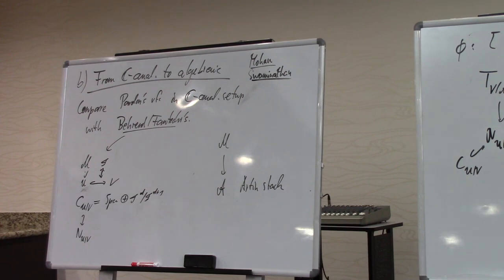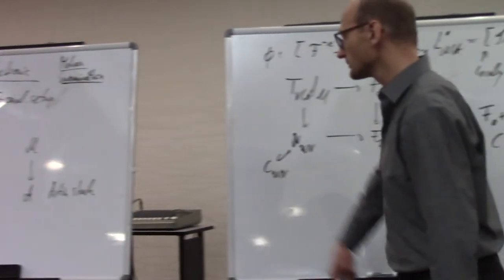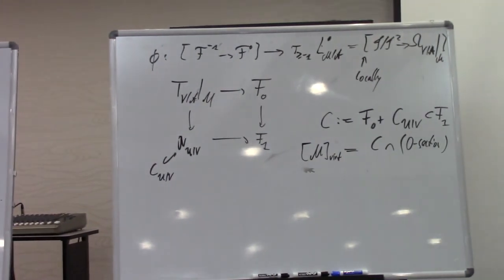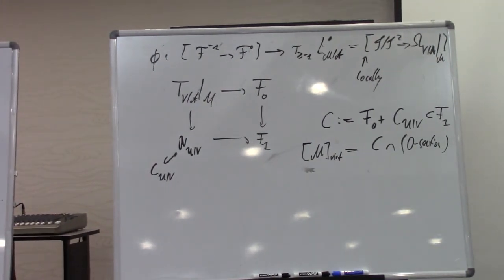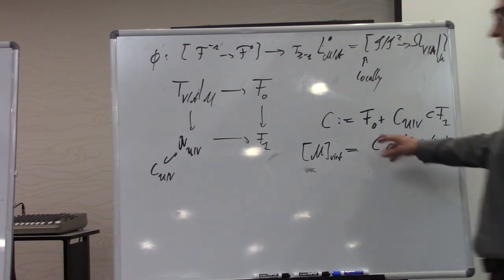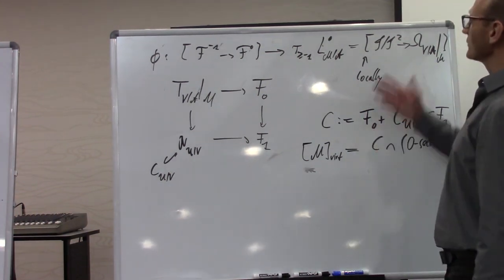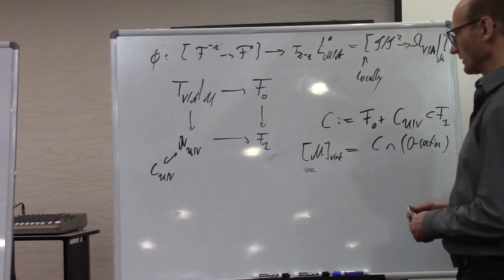So essentially it means you scale your section and take the limit. And that produces a rational equivalence of the normal cone of the zero section inside your vector bundle, that would be the V here, with a cone inside, or rather the graph of your section with the cone inside the vector bundle.